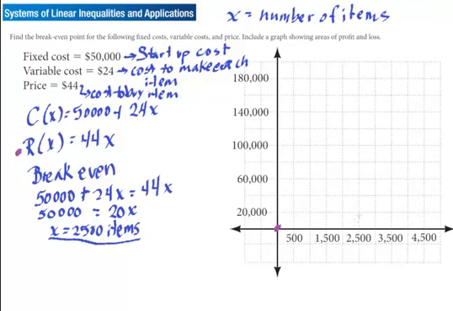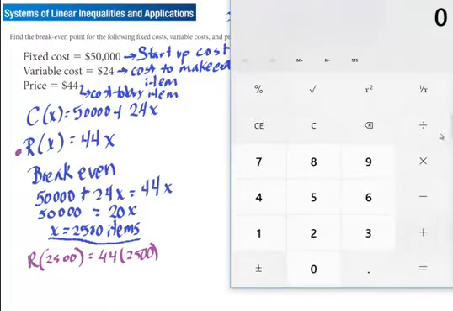If I sold 2,500, revenue at 2,500 equals 44 times 2,500. Let me get out our handy dandy calculator here. 44 times 2,500 is 110,000.